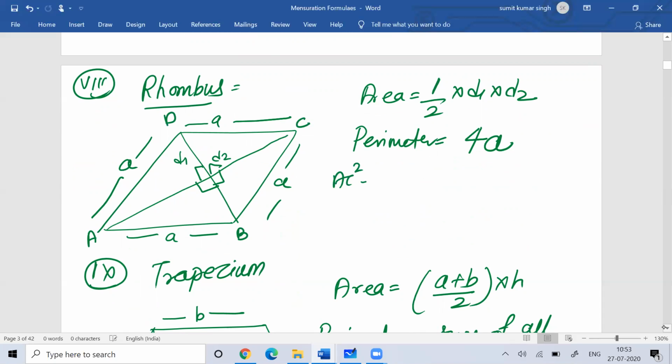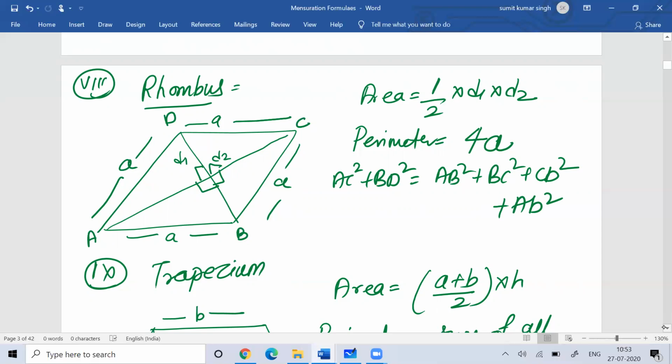AC square plus BD square will be equal to AB square plus BC square plus CD square plus AD square. You can use this property also for the rhombus. All the sides are equal, but sides are not inclined with each other at 90 degrees, and so their diagonals are not equal. They bisect each other at right angle.